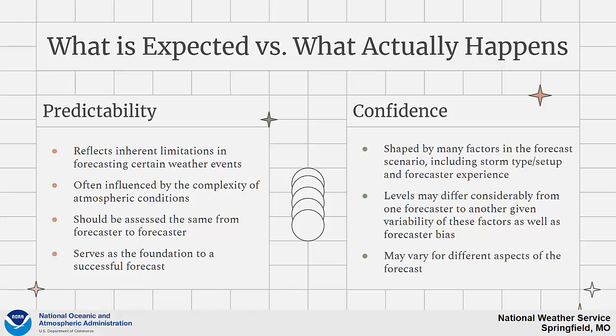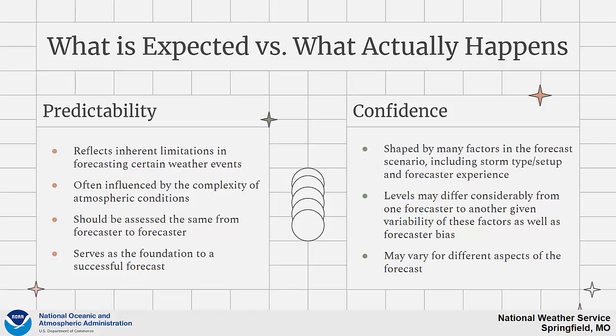Levels may differ considerably from one forecaster to another, given the variability of these factors as well as forecaster bias. So we may vary for different aspects of the forecast, and this is why I try to remind people that the atmosphere acts more like a fluid, and Mother Nature sometimes does what she wants. The fluid is hard to predict, and we do our best, but things change very quickly and at very short notice.